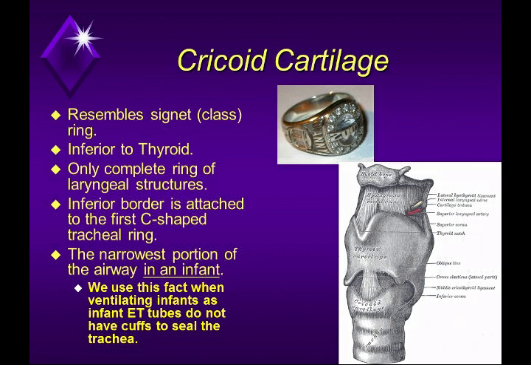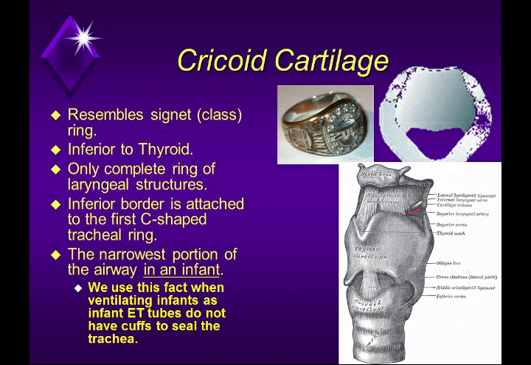When we ventilate infants and neonates, and small pediatric patients for that matter, we don't use a cuff on the tubes. At least typically we don't. We just use the fact that that narrowest portion is there that the tube is going through. We allow a little bit of a leak, but it helps to seal it off by going through that space. Okay, here's my cricoid cartilage.